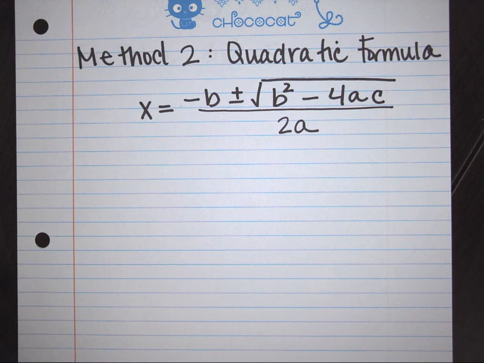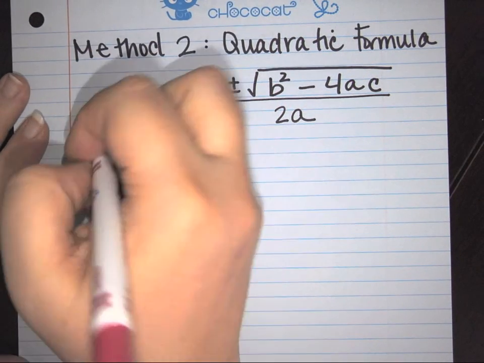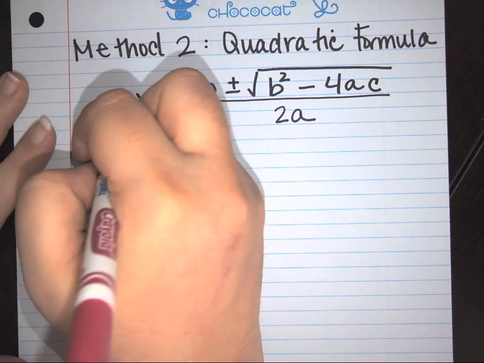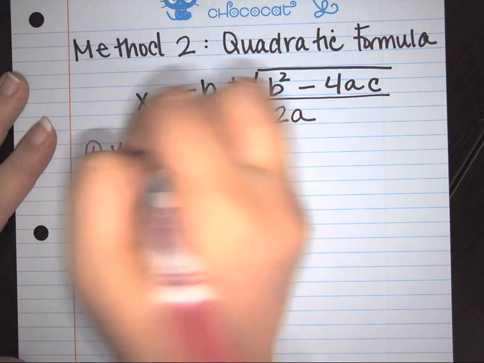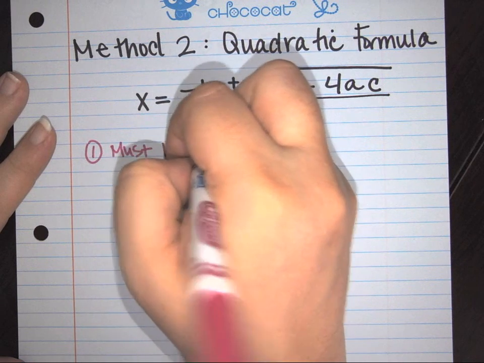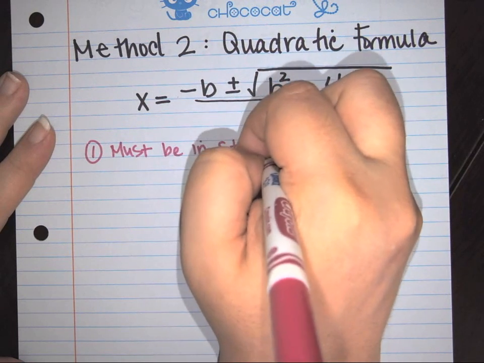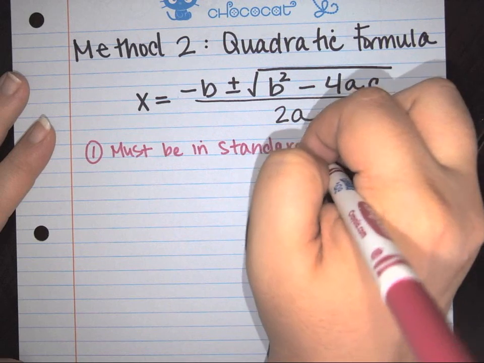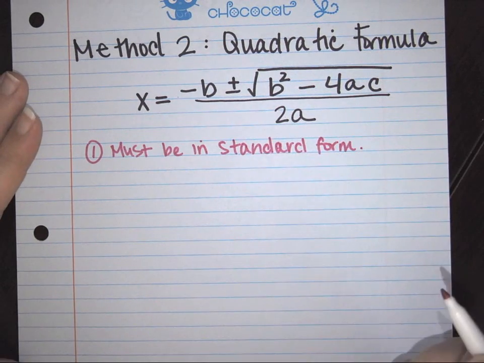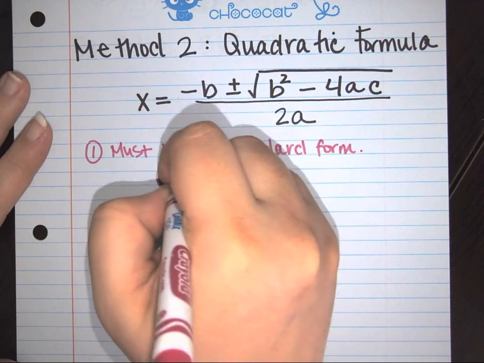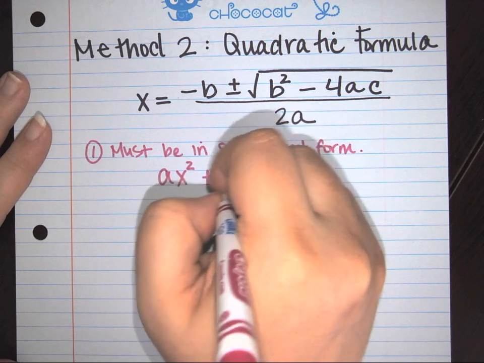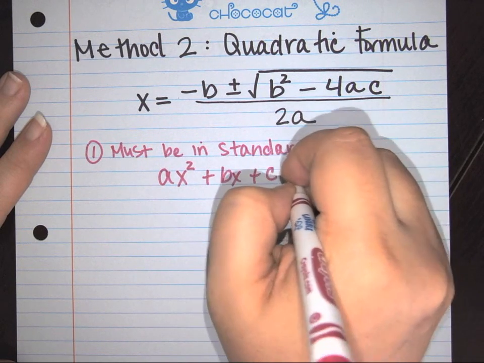Simply, what you do with it is plug and chug your variables, and nothing else. There are a few steps to follow. First, you must be in standard form. Remember standard form: ax squared plus bx plus c equals 0.